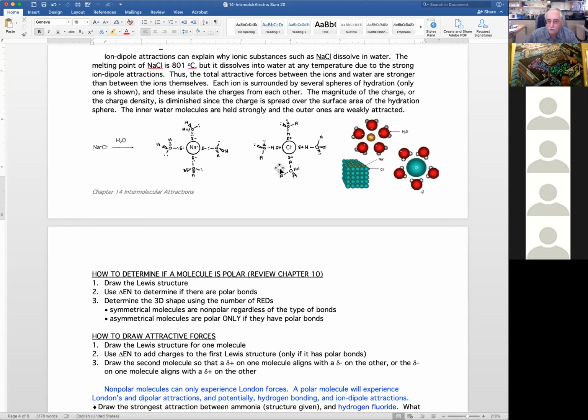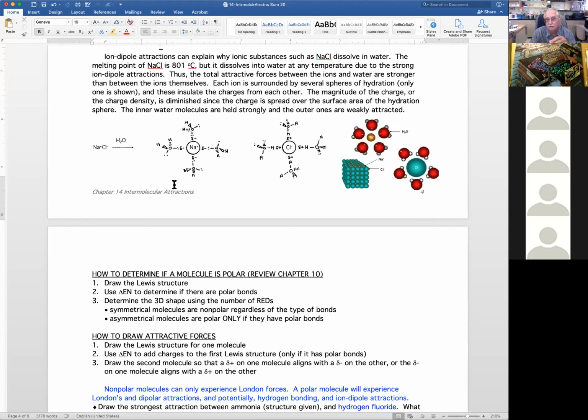But now this first sphere, called the layer of hydration, has a negative charge, even though it's much weaker than over here. So the negative charge over here is going to attract another layer of water molecules. Same thing over here. So you get these multiple layers of hydration.